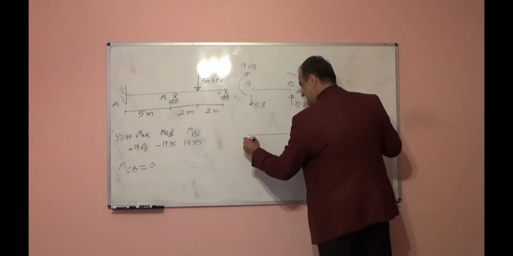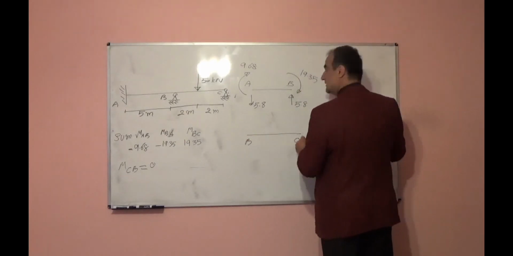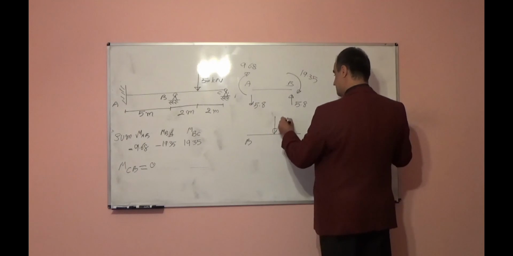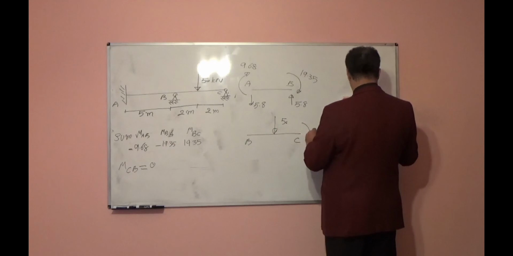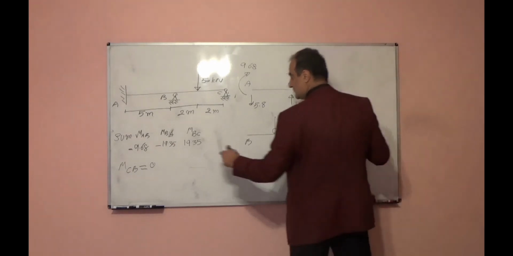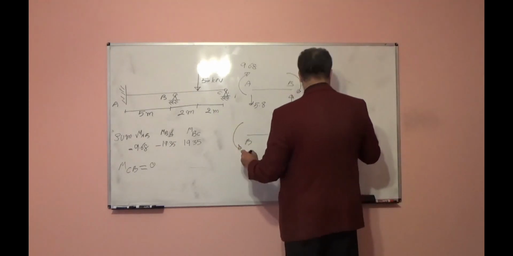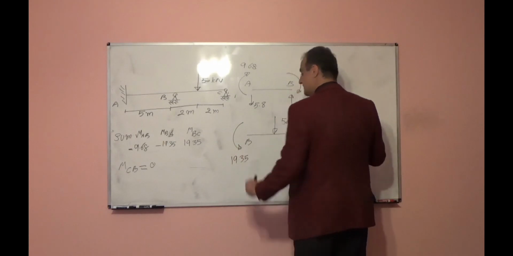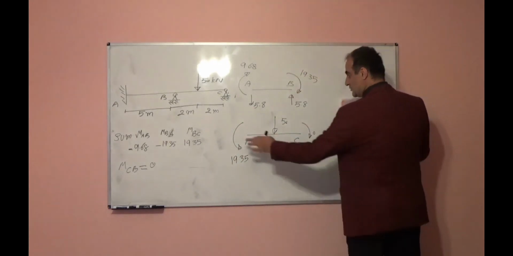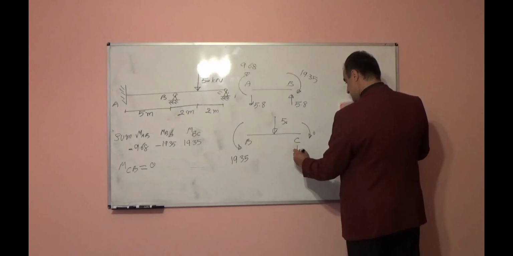Member BC, free body diagram, 50. This will be 0. This will be positive, counterclockwise, 19.35. So if we take moment with respect to here, we will find this 20.2.